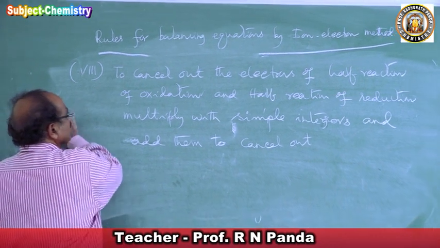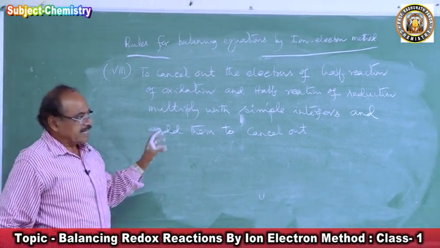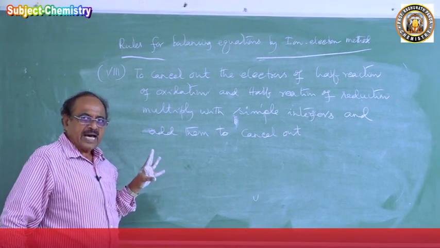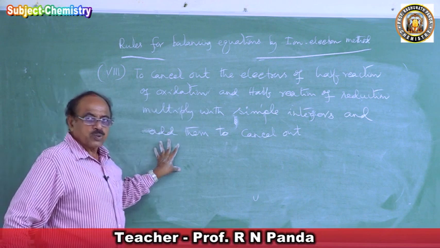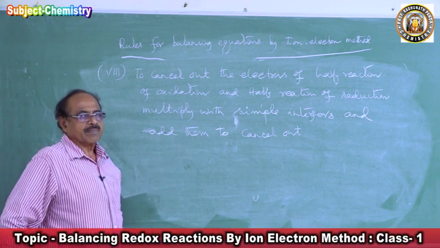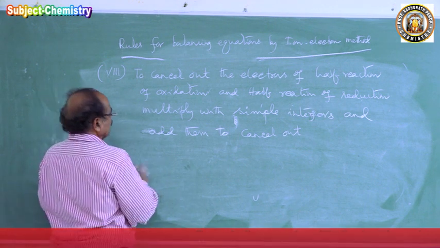If I apply all these rules to one simple reaction, let me do the one I have written here. I will take a very simple reaction, apply these rules and balance it. Then we will take different reactions and balance the equations. So let us take a simple reaction.